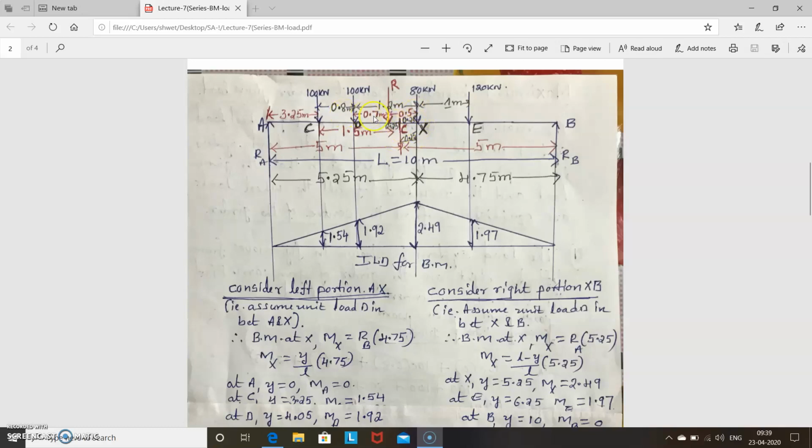According to this, find the distances at different places, then you can find x, means x has to be at the given load. Once you get this, you can draw the ILD. Once these points are obtained, you can find the maximum bending moment. Okay, thank you.